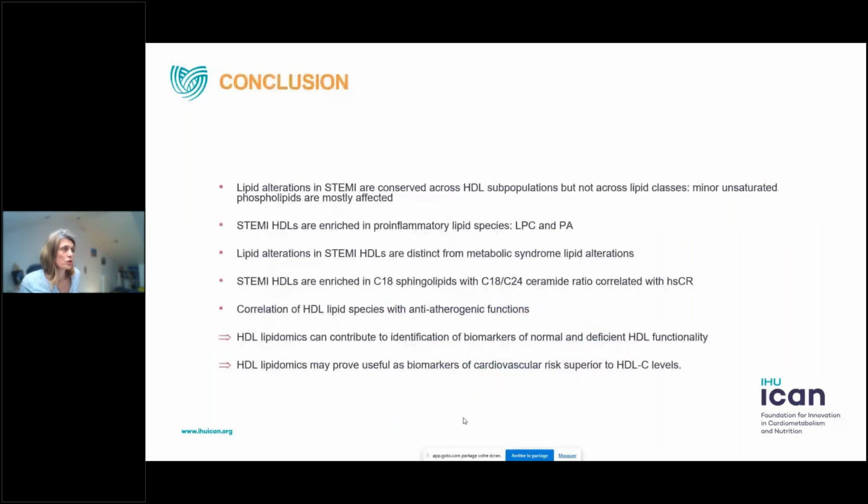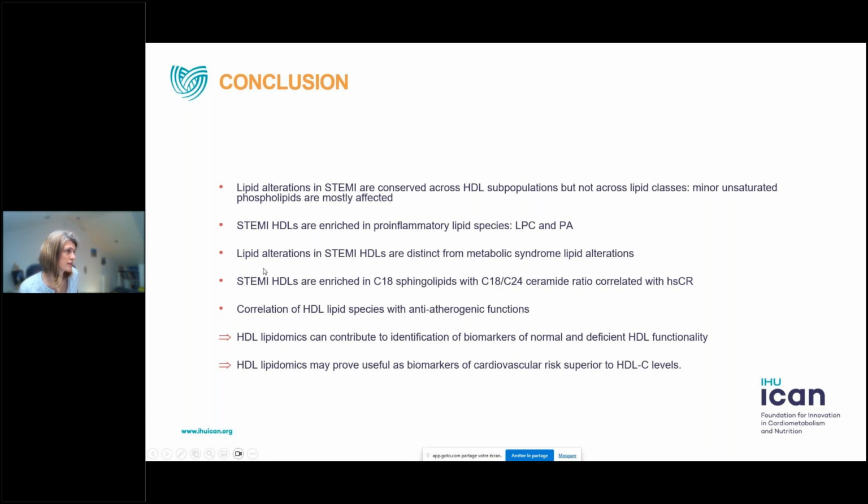So in conclusion, lipid alterations in STEMI patients were conserved across all the HDL subpopulations, but not across lipid classes, as we've seen that it was mainly the minor lipids that were affected by STEMI. STEMI HDLs were also enriched in pro-inflammatory lipid species, such as the lyso-PC and phosphatidic acid.